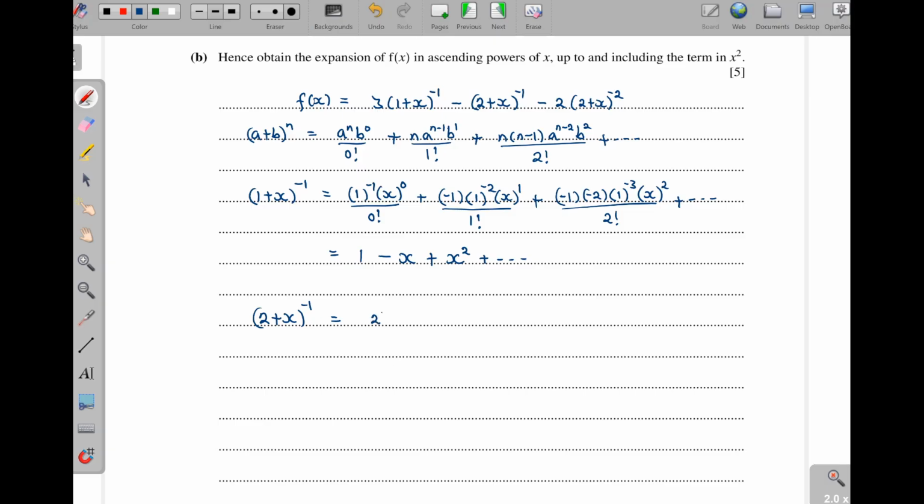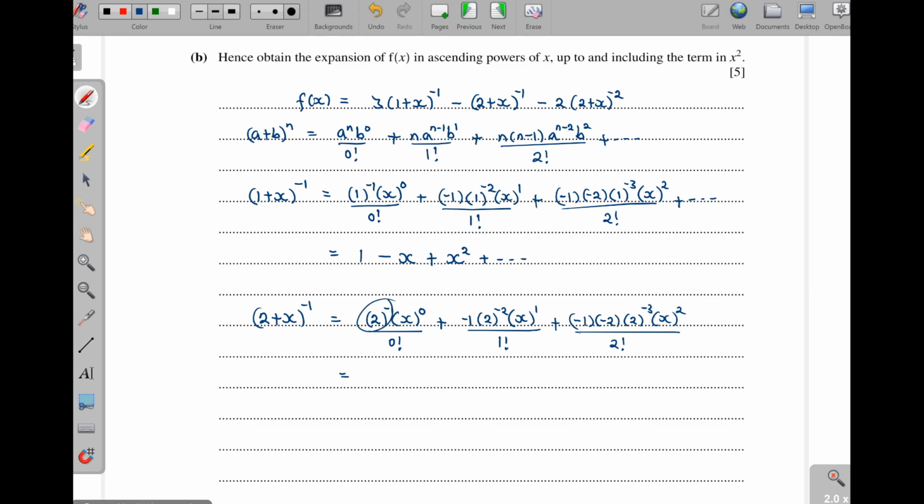So we have 2, then power negative 1, then we have the x to the power of 0 over 0 factorial, then plus now negative 1, then times this 2 power negative 2, then x to the power of 1, over 1 factorial, then plus negative 1, then times negative 2, then you have 2, then to the power of negative 3, and then x here is to the power of 2, over 2 factorial.